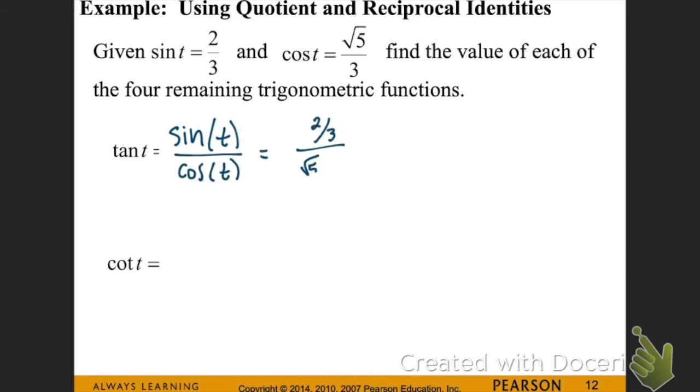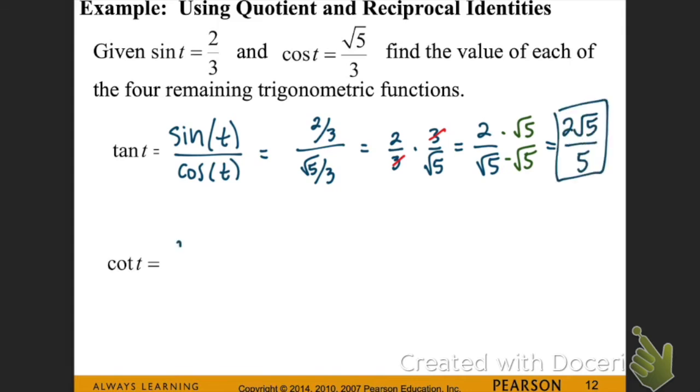So 2/3 divided by square root 5 over 3. And then we need to keep, flip, change, and rationalize here at the end. A lot of your calculators will do quite a bit of this division and rationalizing for you. Make sure you ask your teacher if you need help figuring out how to work them.